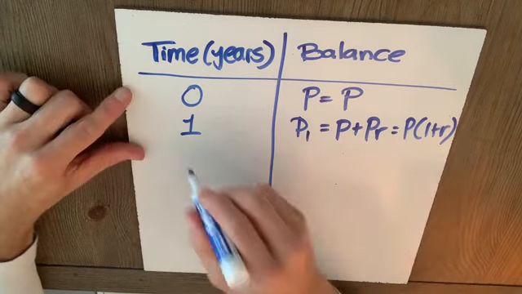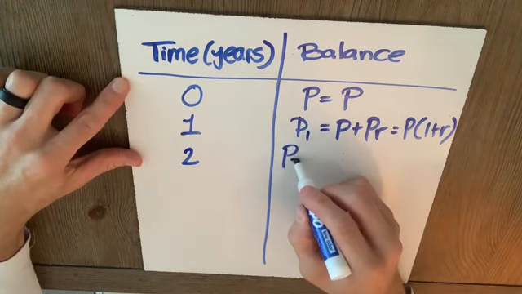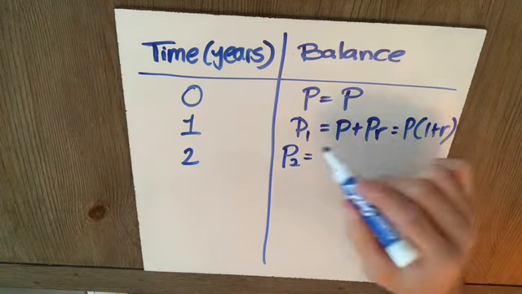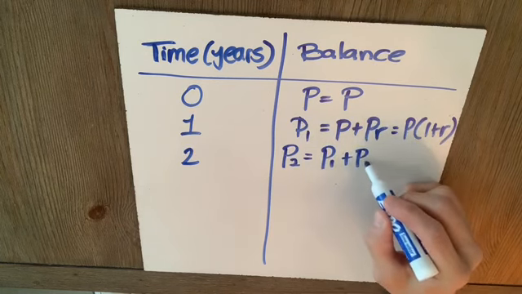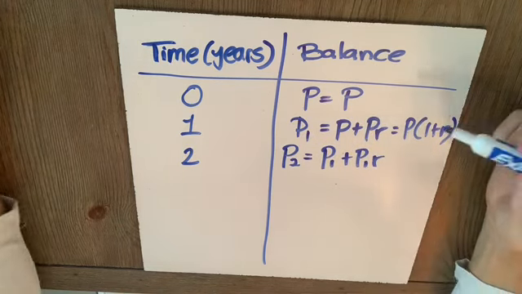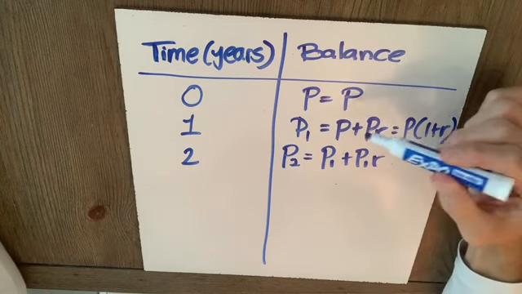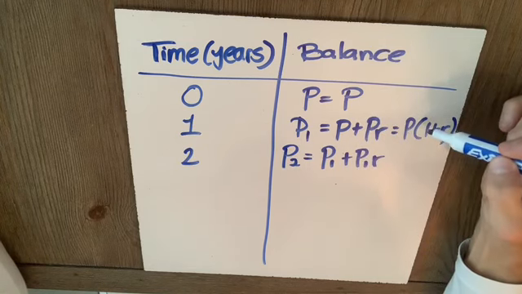Well, what gets interesting is if we increase the years to 2. Now, P after 2 years will be whatever we had after 1 year, which is P1 plus P1 times R. So let's just say our principal was $100 and our interest was 5%. So 100 plus 5% of 100 gives us 105.